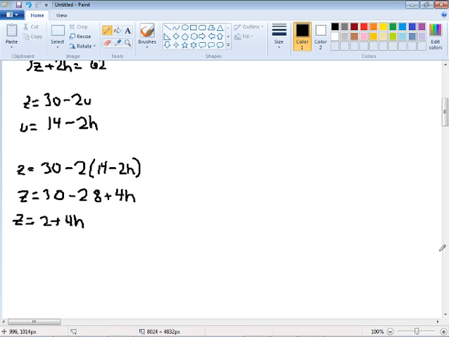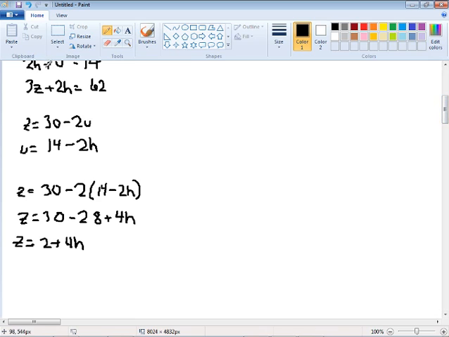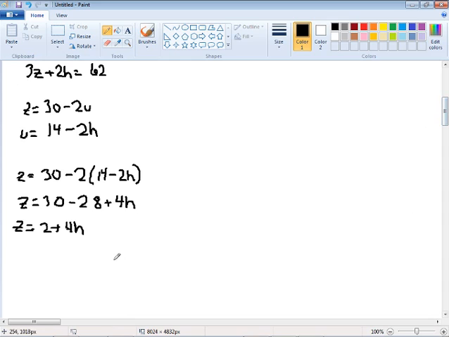Now that I know what Z is, I can go back up here and look at this last problem. This last problem says 3Z plus 2H is equal to 62.